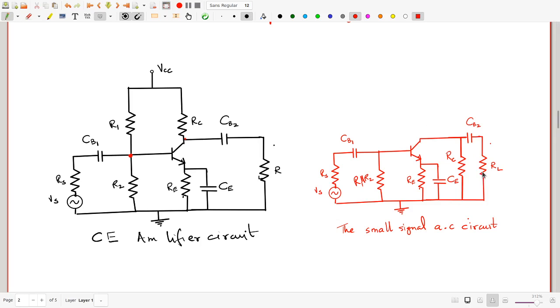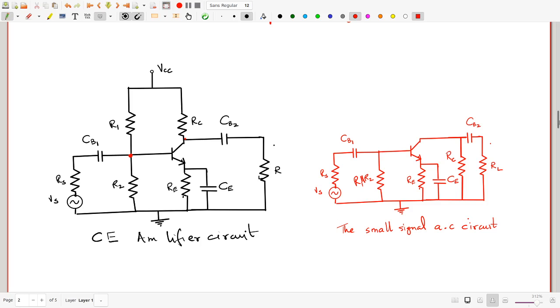RL, of course, is on the other side of CB2. And we have CE, CB1, etc. as before. And this is a small signal AC circuit. Now, if the frequency range of the input signal is sufficiently high, as I said before, all the capacitors that you can see will behave like short circuits. So you can replace them by just stretches of wire.